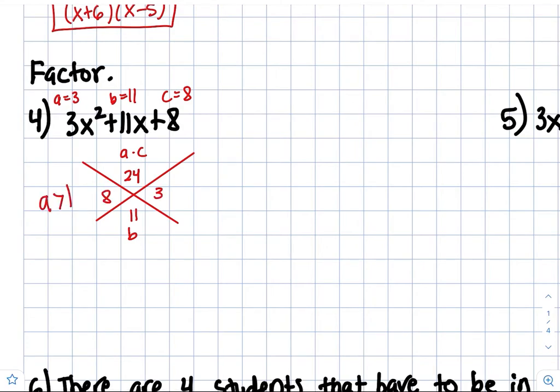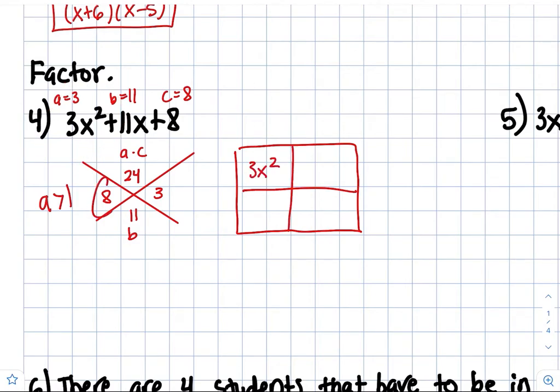A is greater than 1, which means you have to factor by doing the box method as well. The first term is 3x squared. Your two middle terms are going to be 8x and 3x. And your last term is 8.